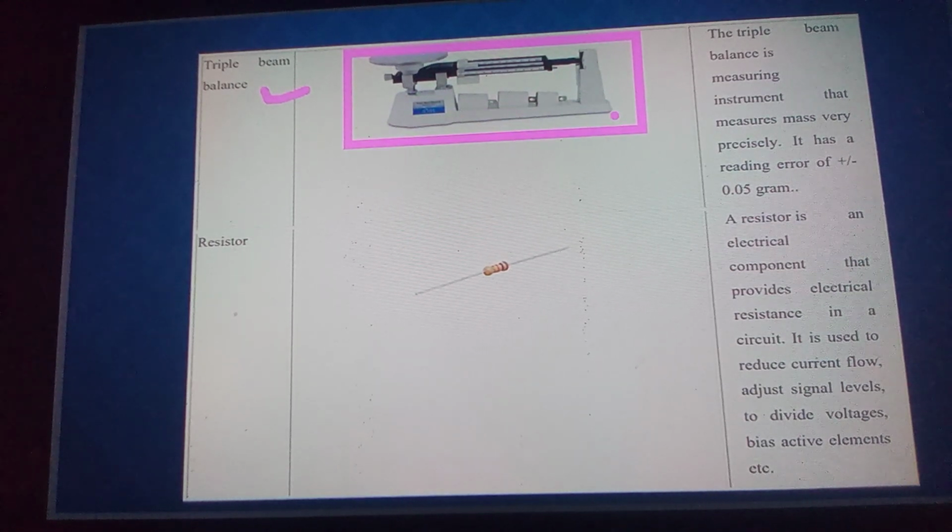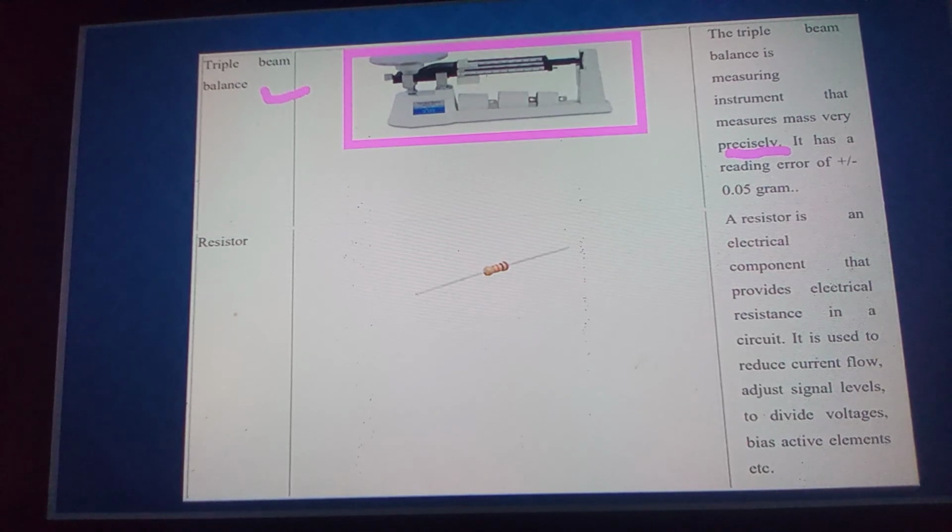It is the balance, as you see, which is used, of course, to measure the mass, but which is very precise.